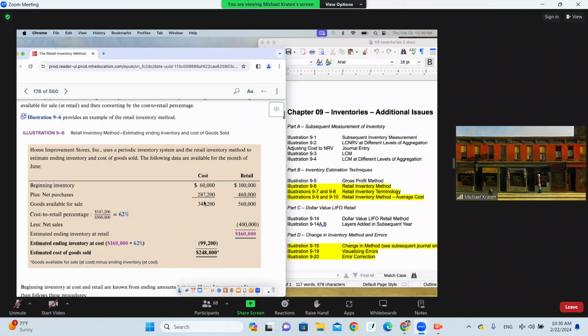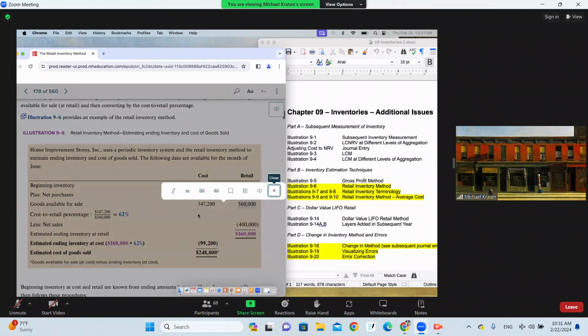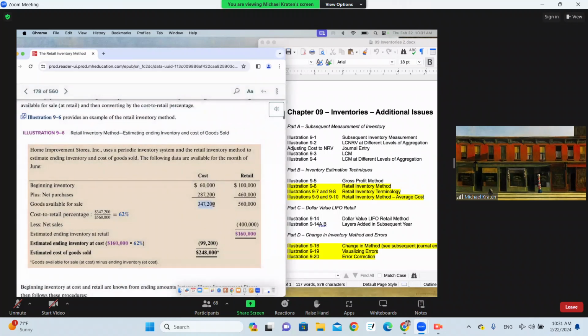Okay, well, at this point, you say, total goods available for sale, 347,200 in terms of what it cost me to buy them to begin with. 560,000 in terms of what my customers will hopefully pay me to buy them from me.